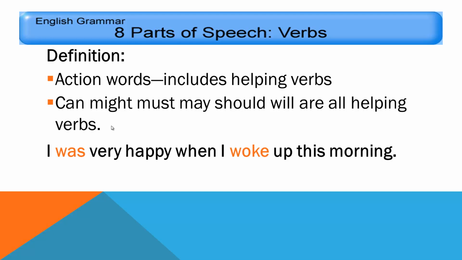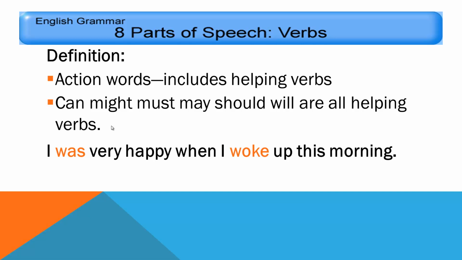I was very happy when I woke up this morning. So the action in the first part of the sentence is to equate I, the first person pronoun, with what I was, which is happy. And so you'll notice that was is the action in the first part of the sentence.